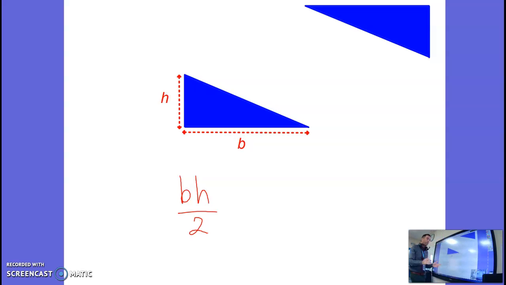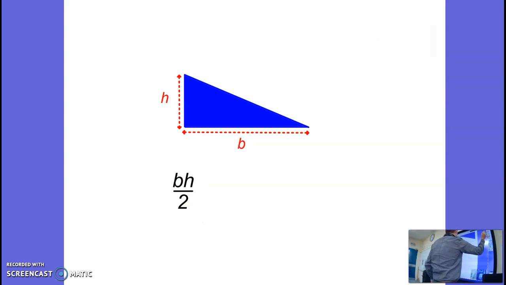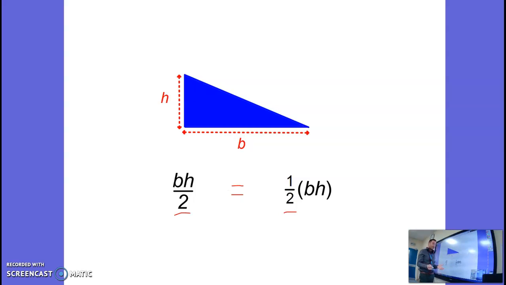For any triangle, this works. Base times height divided by 2. Some people will also write it as half times the base times the height, because halving is the same as dividing by 2. These are the same thing. Okay, they are equivalent. All right. So base times height divided by 2, or half base times height.